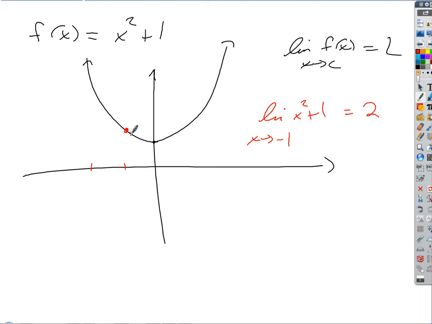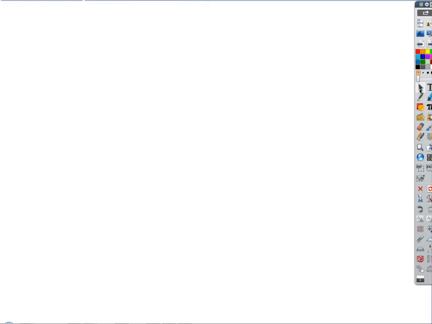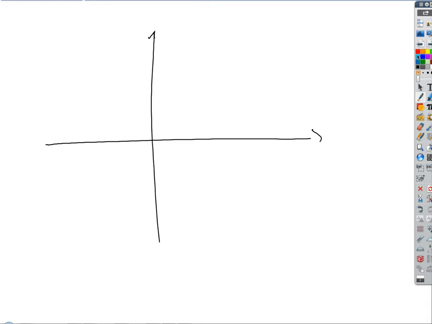Okay, that's different than the situation we looked at yesterday, which was something like this. We looked at a bunch of examples, but let's just pick this one.